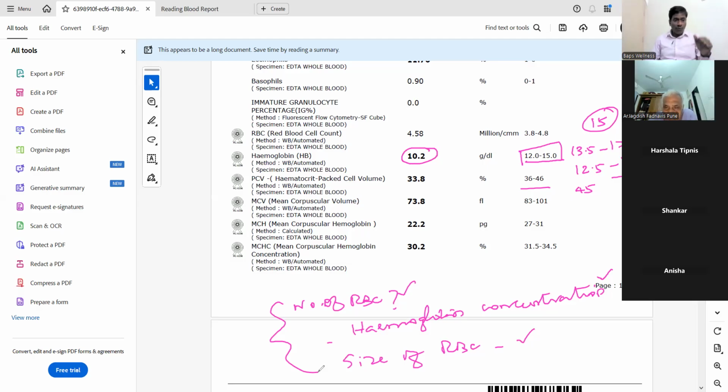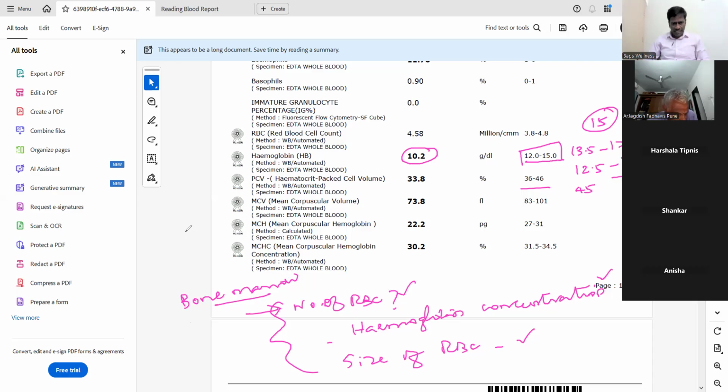Why anemia? If the number of RBCs are less, here only all the diagnosis, that application of our knowledge comes. If the number of RBCs are less, what happens? Why it is less? Where the RBCs are being produced? They are produced in the bone marrow, right? Bone marrow is the site of blood production.